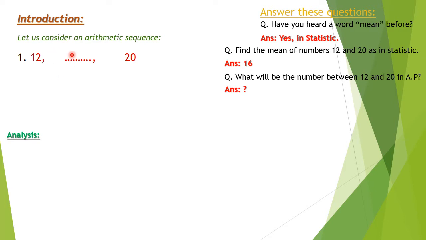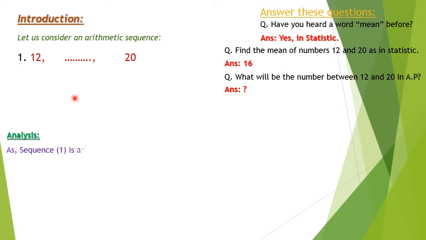This sequence is an arithmetic sequence, and as we have already studied in the previous video, in an arithmetic sequence the common differences between consecutive terms are equal. So let us analyze it.